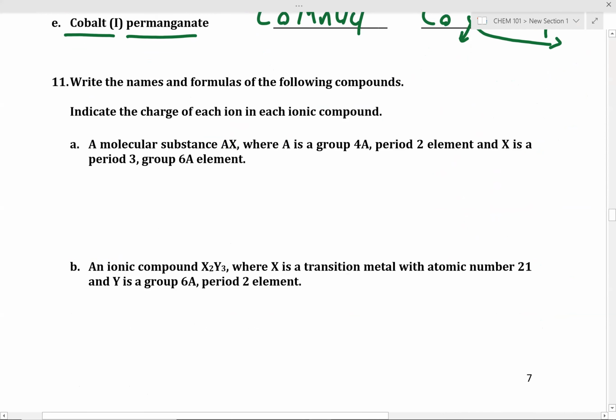So we're asked to write the names and formulas of the following compounds. We have a molecular substance AX, where A is a group 4A, period 2 element. Wonderful. So what is a group 4A, period 2 element?